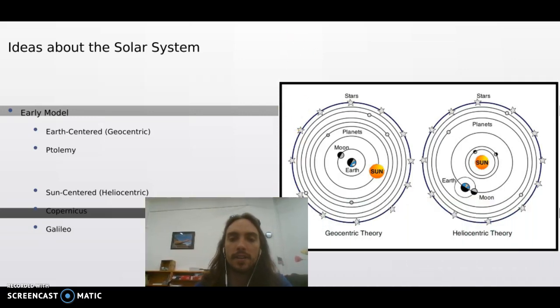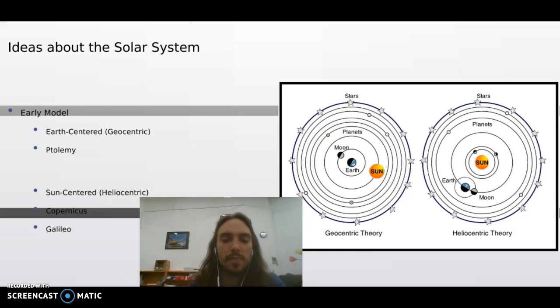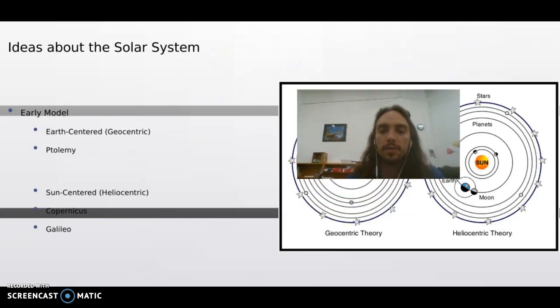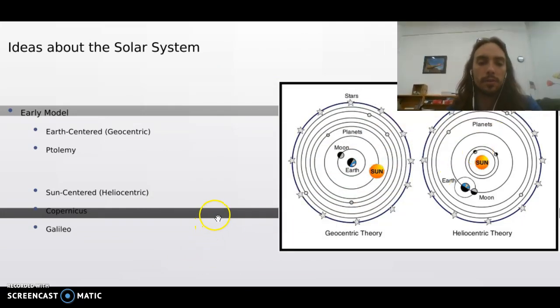Our Earth revolves around the sun, and that's the heliocentric model. That was later described by Copernicus, and Galileo refined that model later. And then another guy to remember is Kepler, who really made the modern day model of our solar system that we use today.